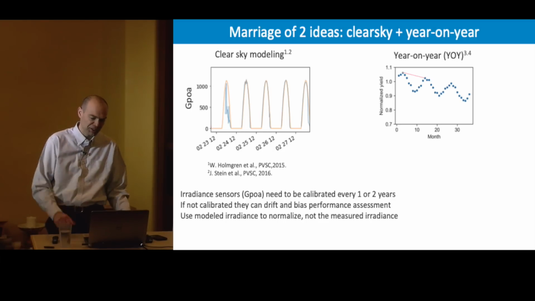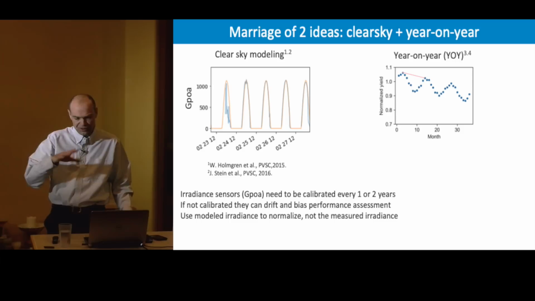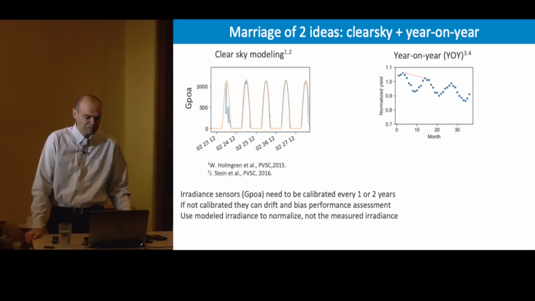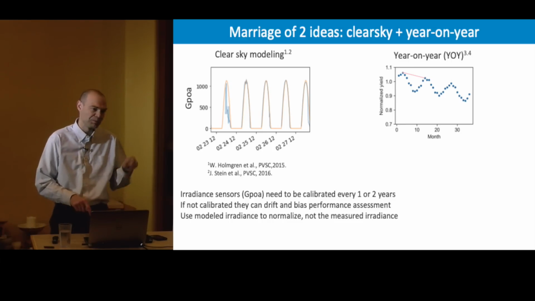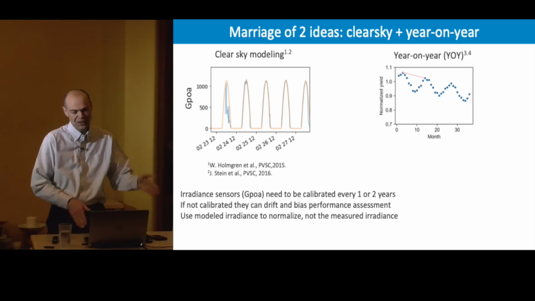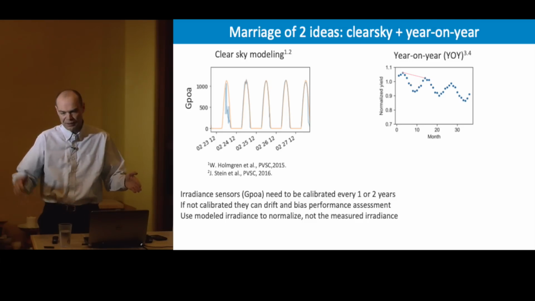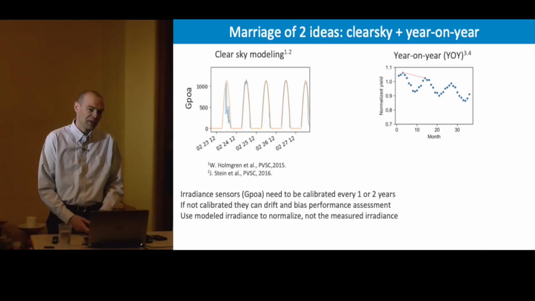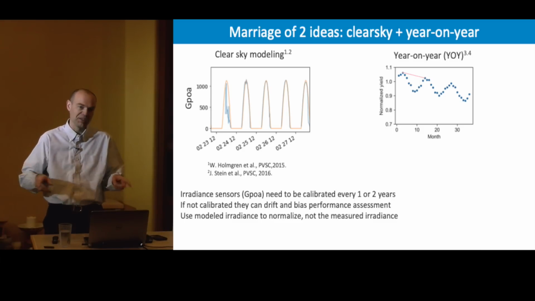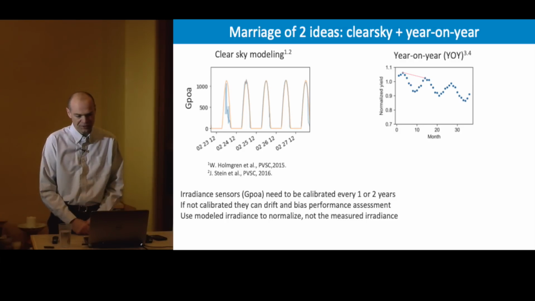And then to calculate the degradation rate, you may have seasonal cycles in your performance. So instead of, as in the previous slide, putting a line through all the data points, you put one line from, let's say, today to the same day the previous year and calculate that slope. And then you do this for the next day and for all the days of your data set.